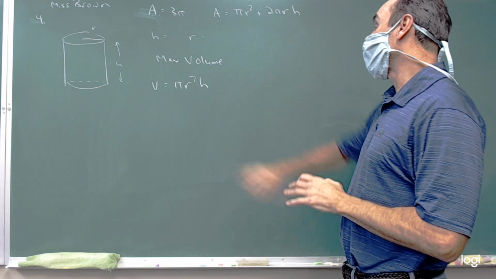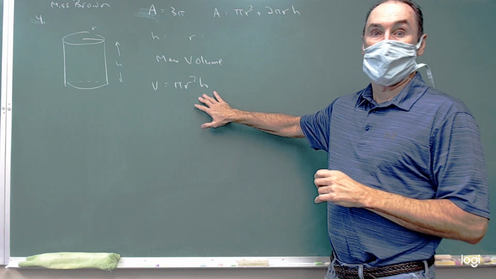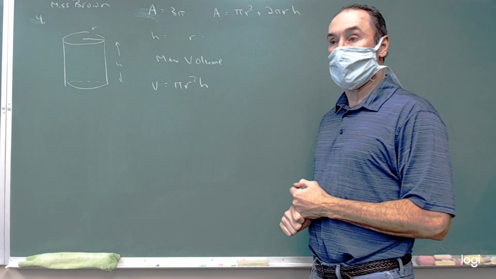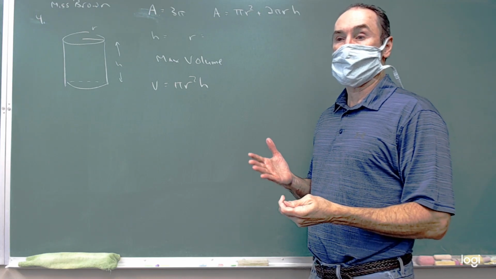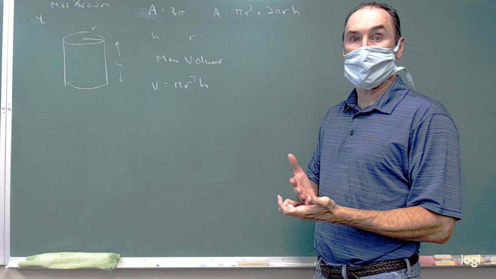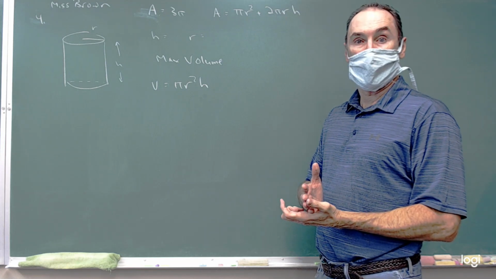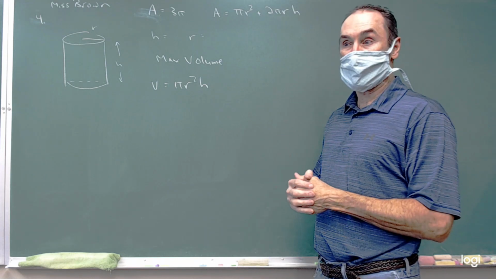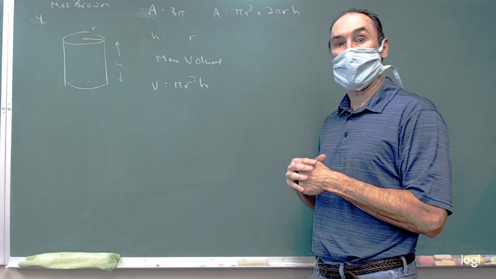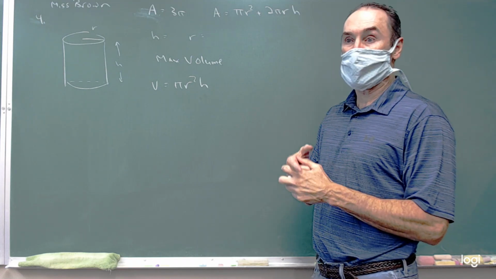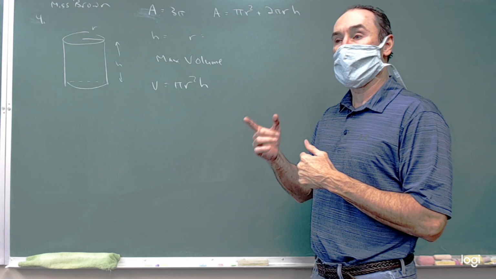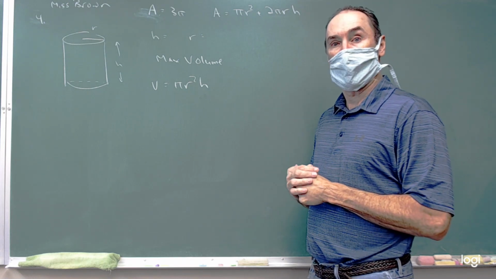Okay, so this is what we want to maximize, and an optimization problem is always going to be looking for an absolute maximum or an absolute minimum. So it's always going to require a justification, even if it doesn't say that. You're going to have to justify why it is the maximum or the minimum.